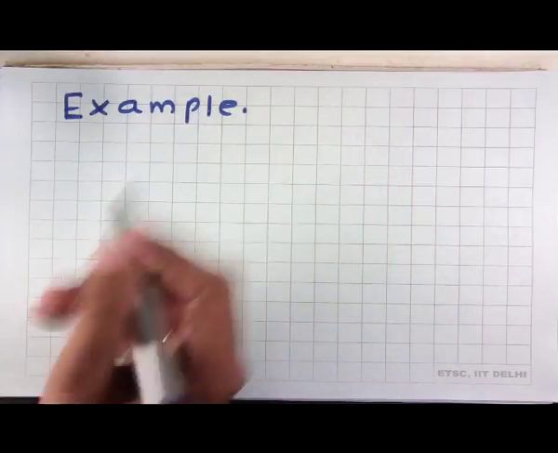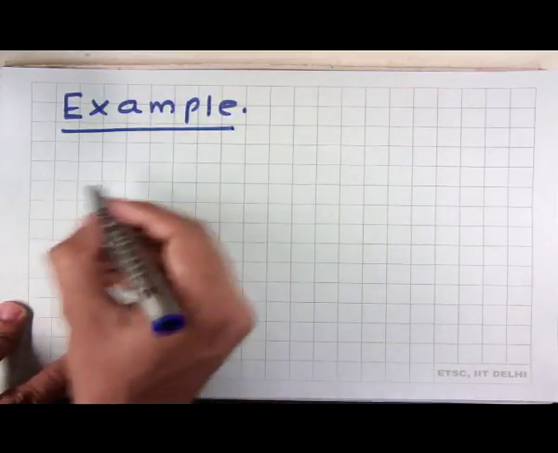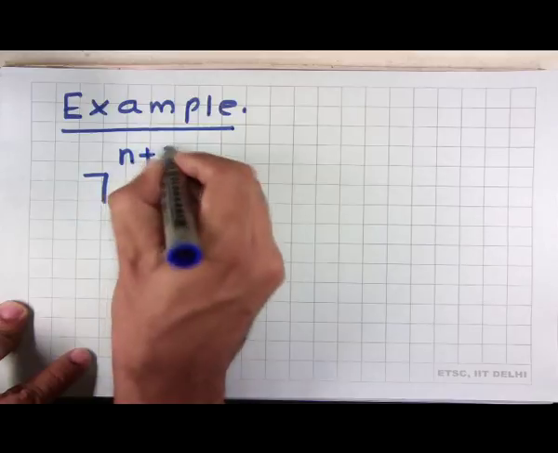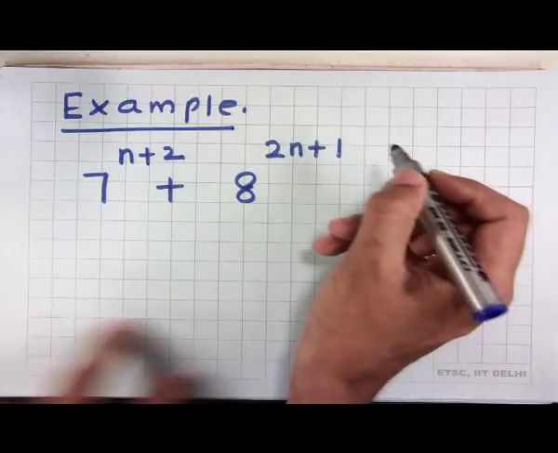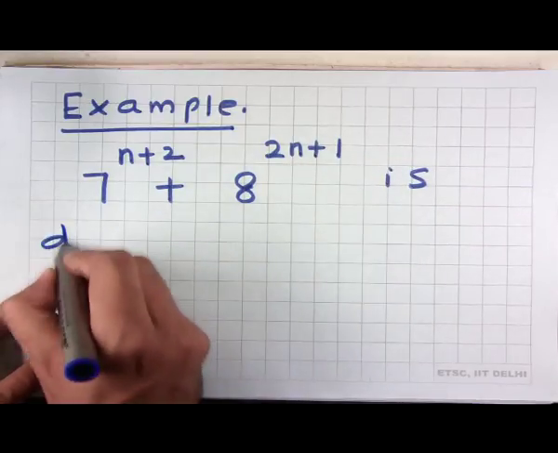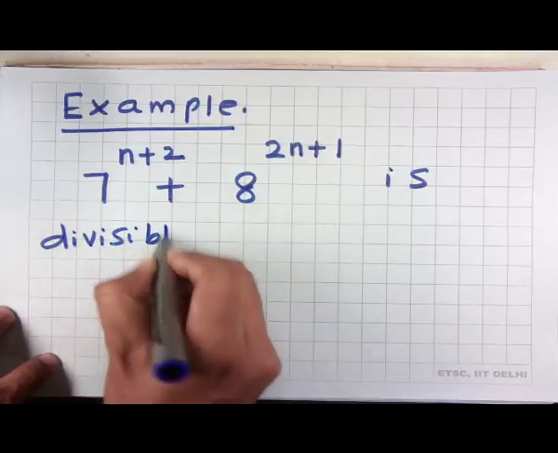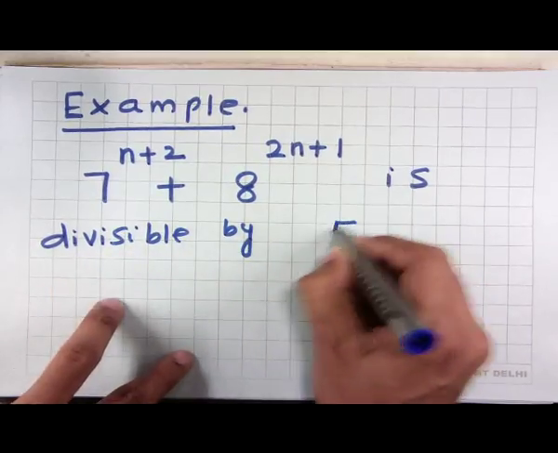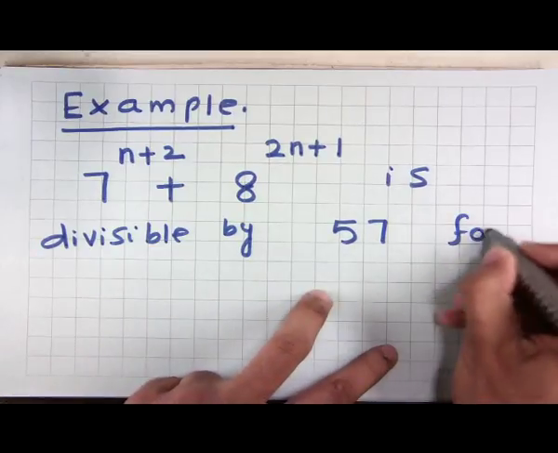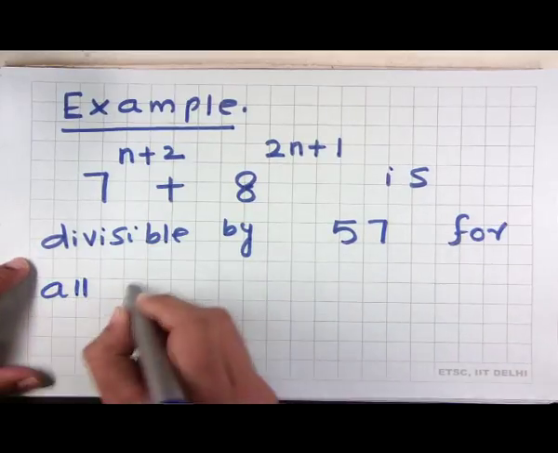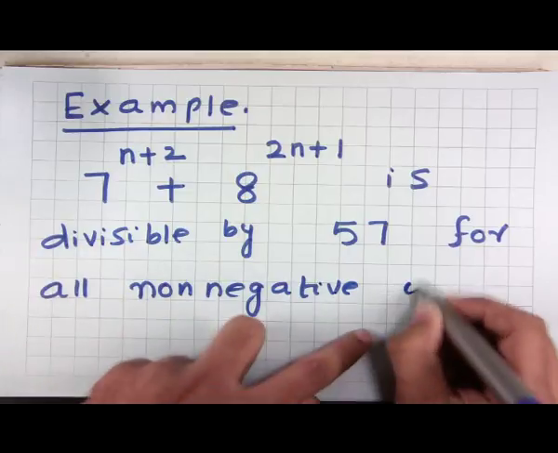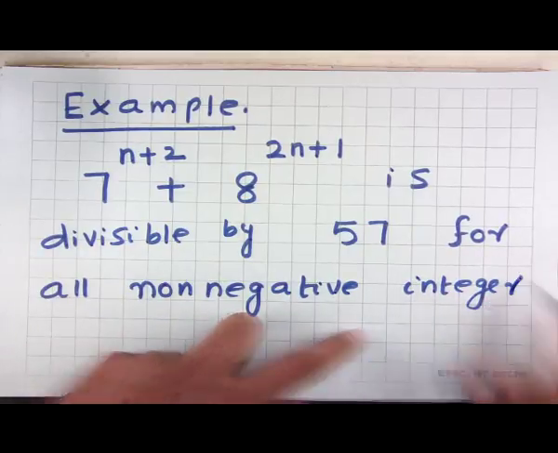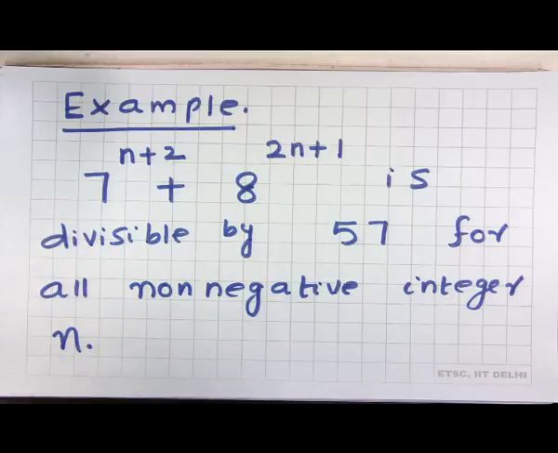This time we are asked to prove that 7 power n plus 2 plus 8 power 2n plus 1 is divisible by 57 for all non-negative integer n. Note that it is required to prove for all non-negative integer.